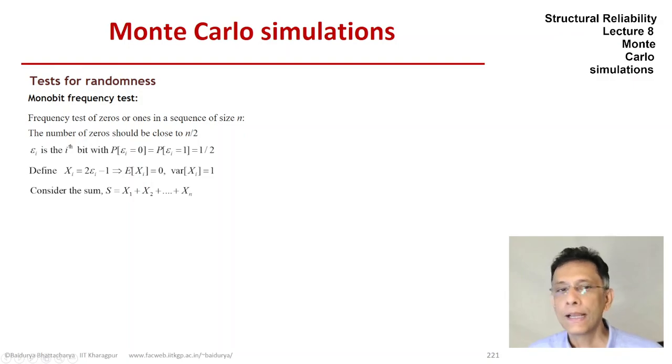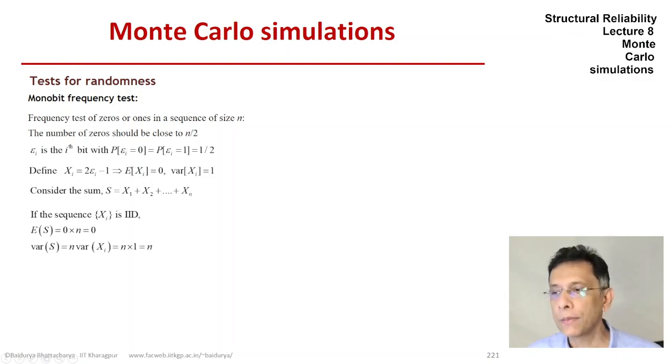This sum S is also a random variable, and its mean is 0. If all the X's are independent, then the variance of S would be the sum of all the variances, so the variance of S is n.